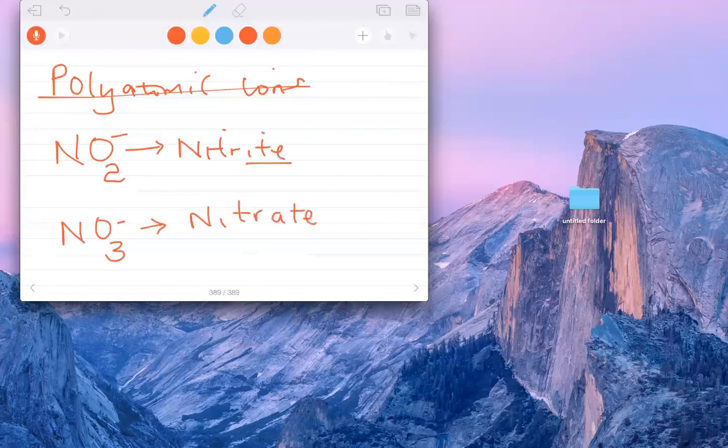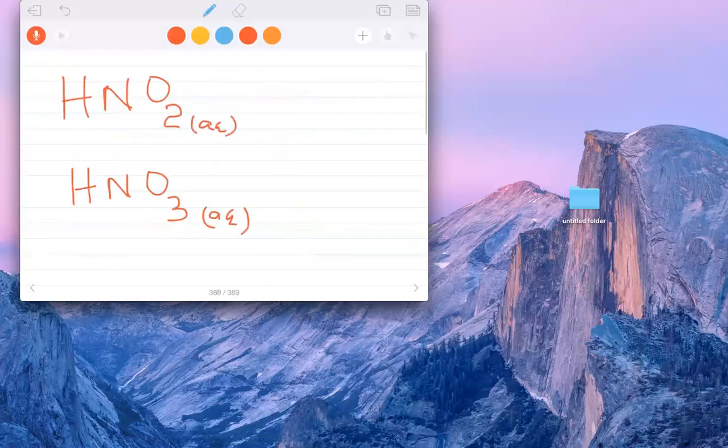The one with fewer oxygens ends with ITE. The one with more oxygens ends with ATE. So if you know how to name polyatomic ions, naming these acids is anchored on polyatomic ions.